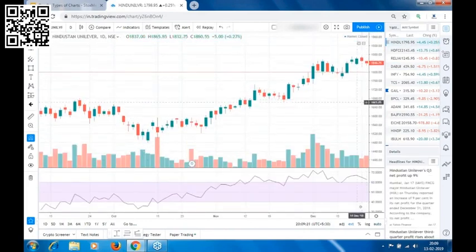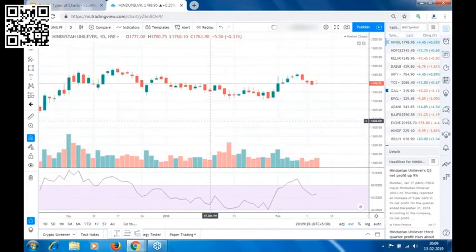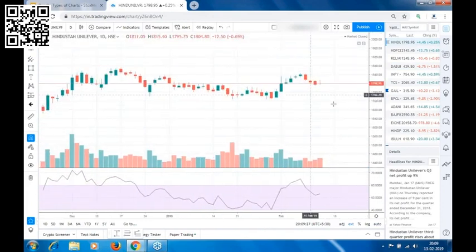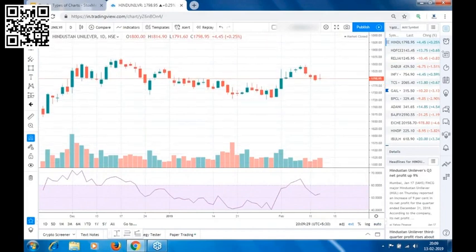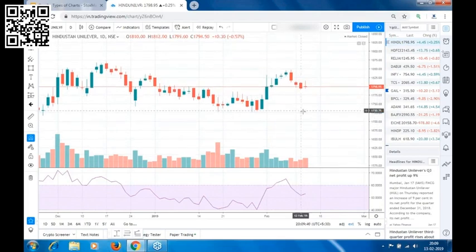So you need to understand each and every candlestick pattern. You need to fine tune your eyes to locate these candles so that you can decide on your trade based on the formation of a candle.